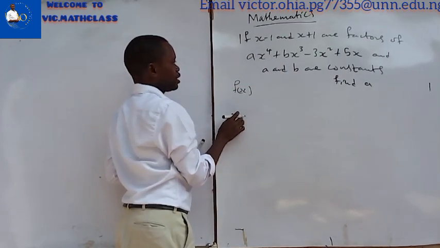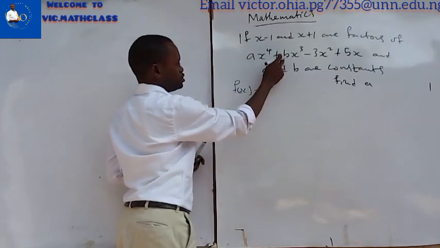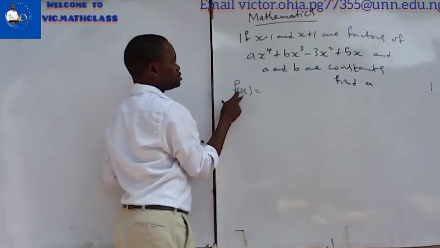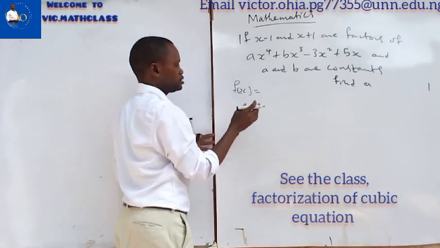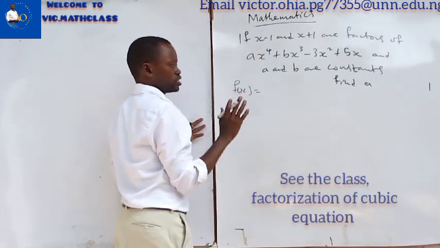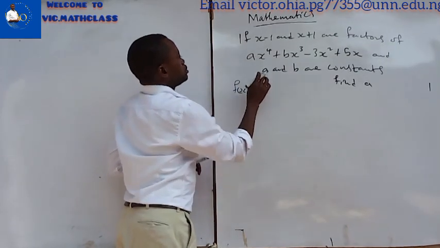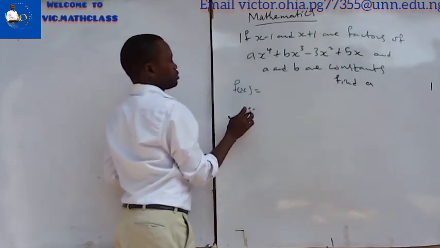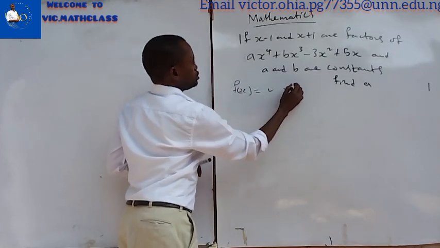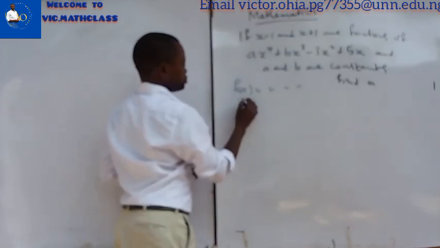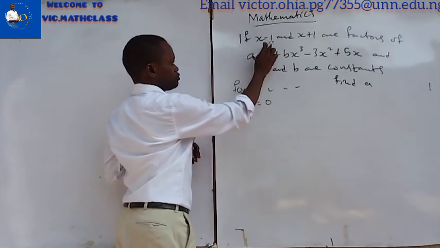If x minus 1 is a factor, it means f of 1, because we have done a lot of classes around here, and if you check out those classes you get my explanation in detail, f of 1 is going to be equal to 0. That's the implication from here.